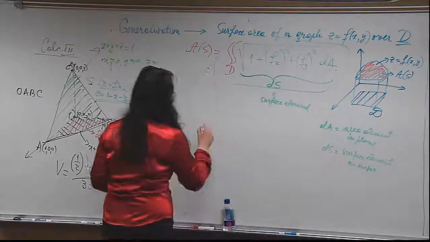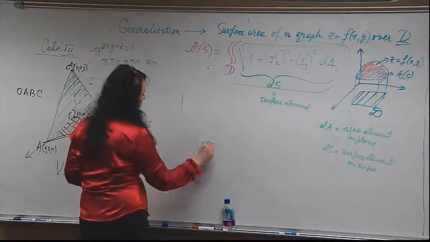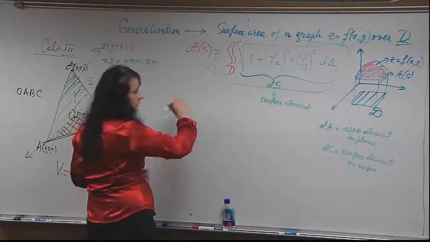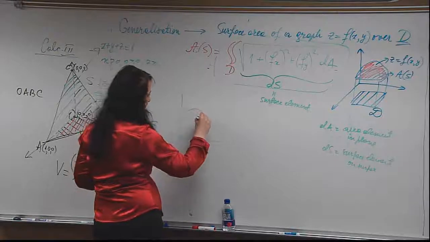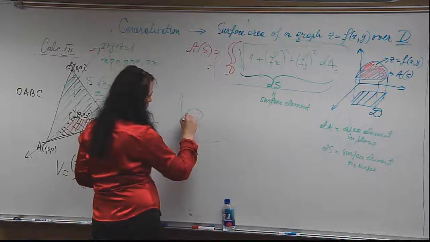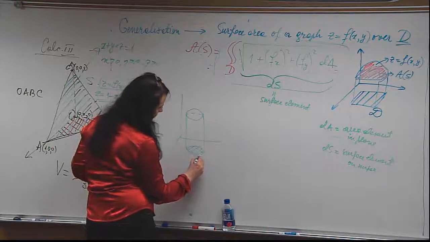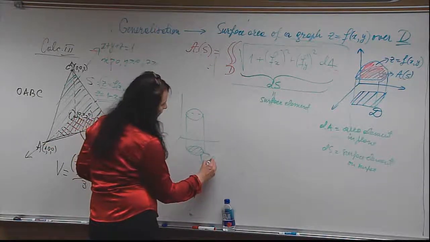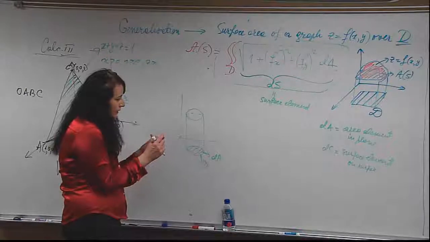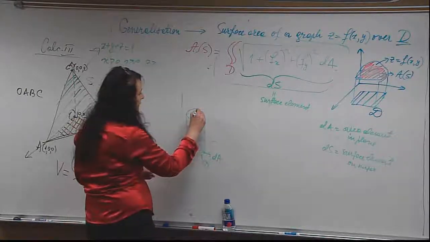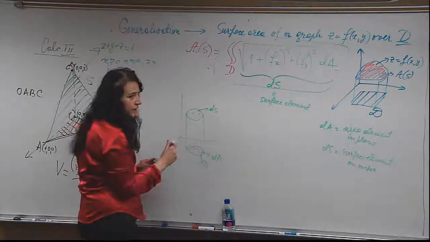So practically, guys, you have some hilly part which projects on a domain in the plane. The dA is the infinitesimal area of this thingy, and dS is the infinitesimal area of that.